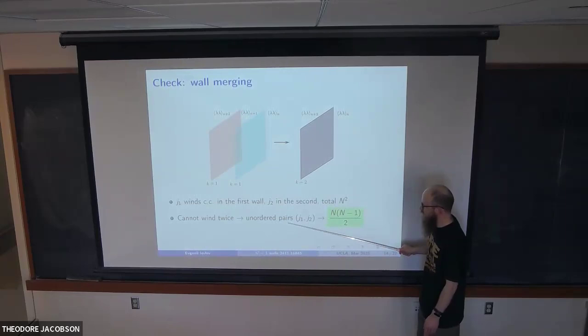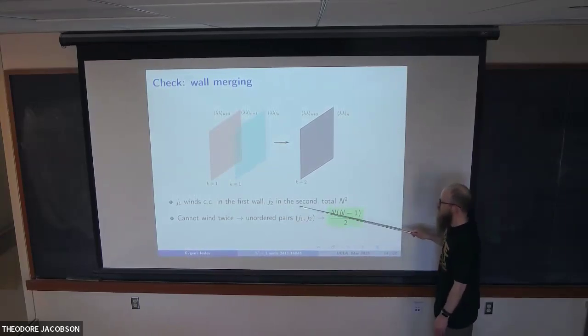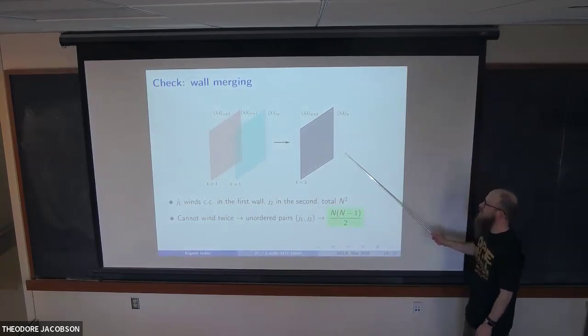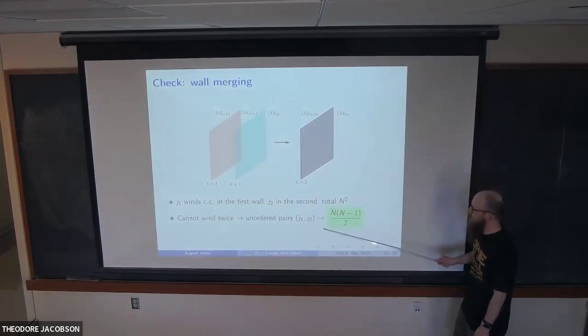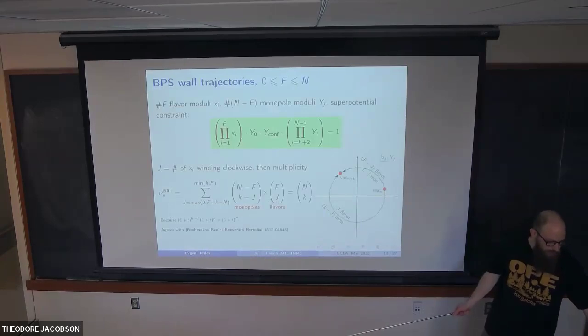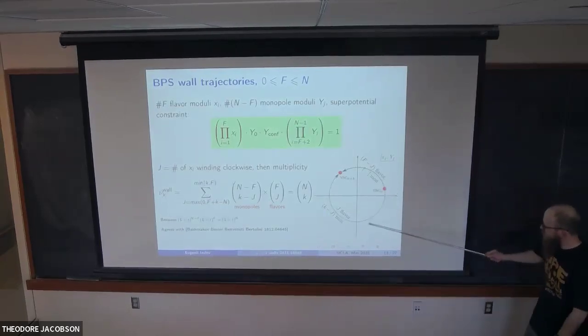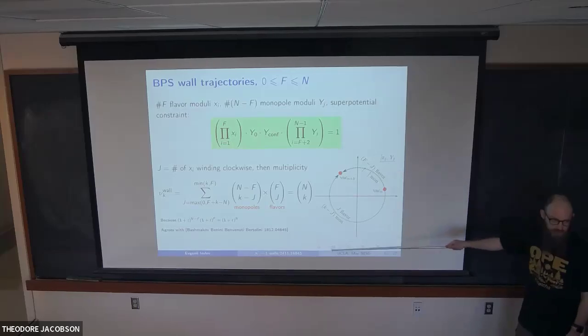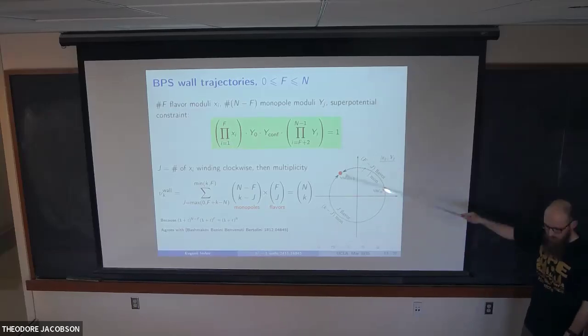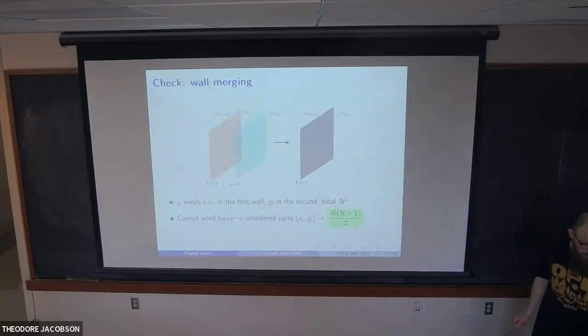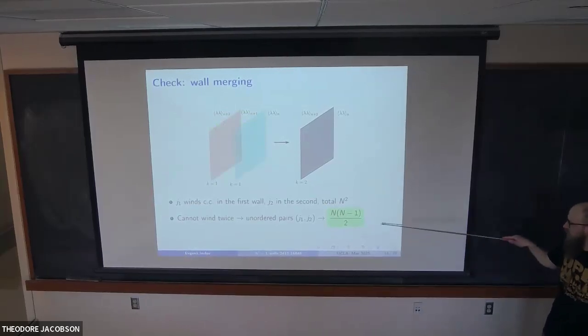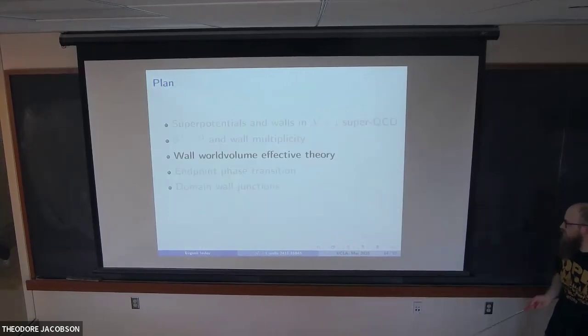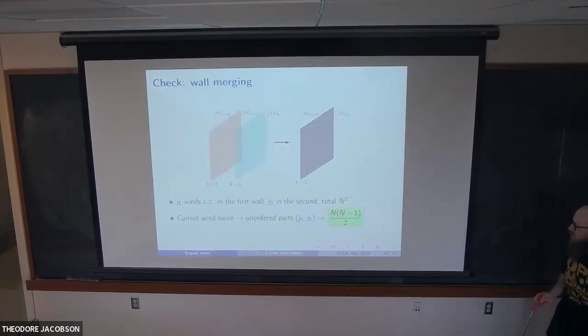You need to account for the fact that these are unordered pairs, but you would still not get the right number for the multiplicity, and you have to account for the possible bindings. In this picture, one mode cannot bind more than once. If one mode binds a lot, it's not a BPS state. If you account for that, then you actually recover the correct multiplicity for K equals 2 walls.